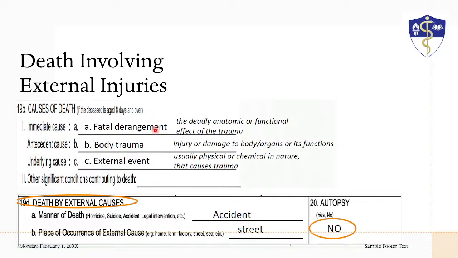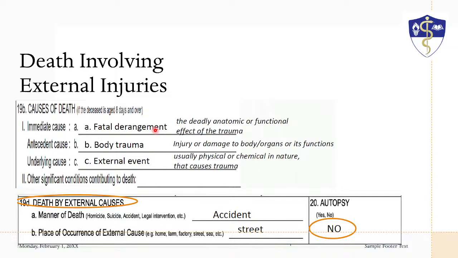Body trauma is injury or damage to body organs or their functions. You can place the injury or damage in letter B, because letter C, the underlying cause, will be what caused the trauma.